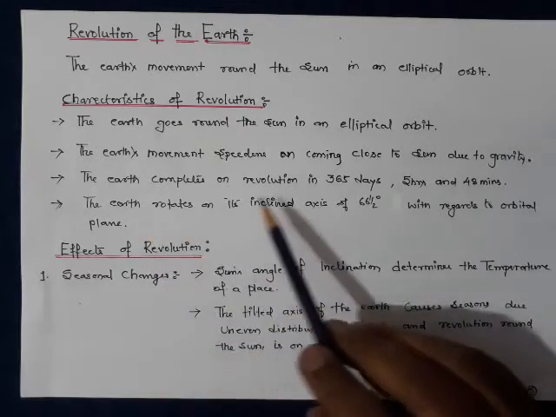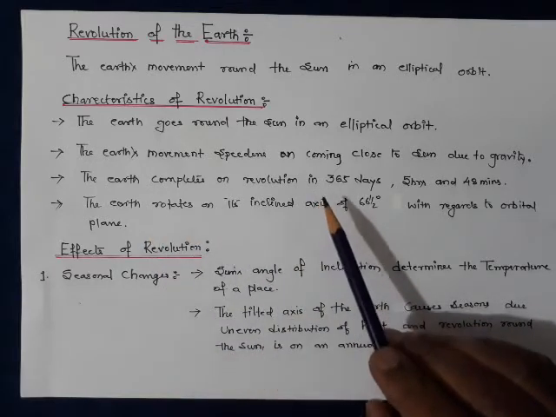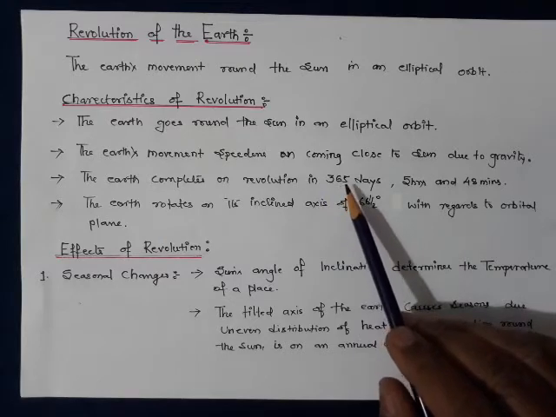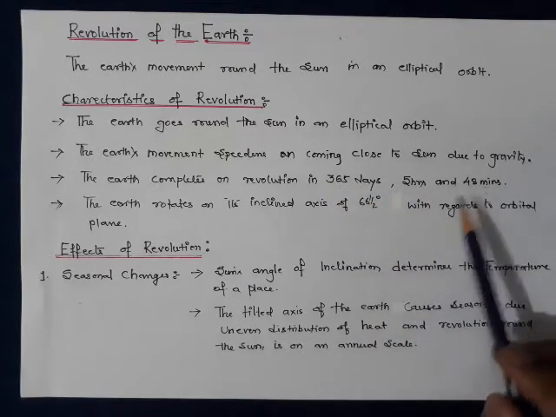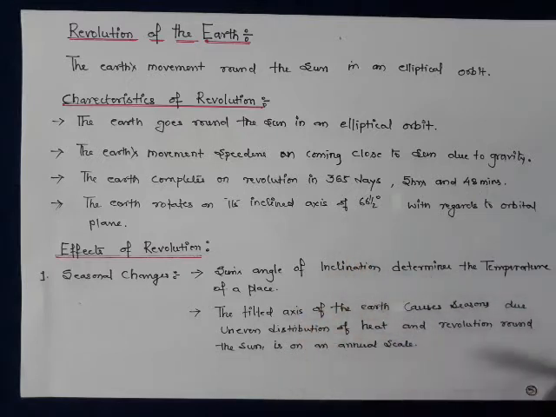So the time taken by the Earth to complete one revolution is 365 days, but the 5 hours and 48 minutes, equally distributed and added over 4 years, make one leap year. So that is why once in 4 years there is one leap year. Leap year means the year where February has 29 days.